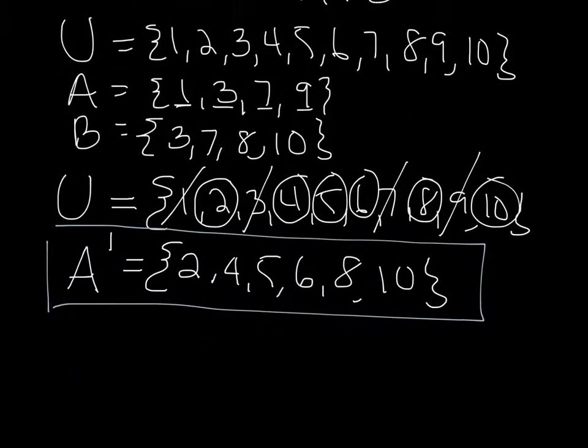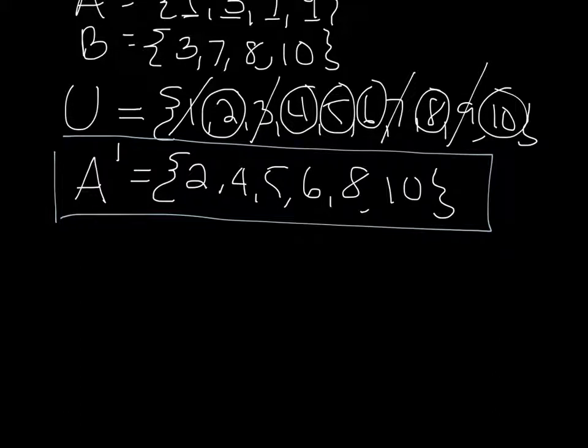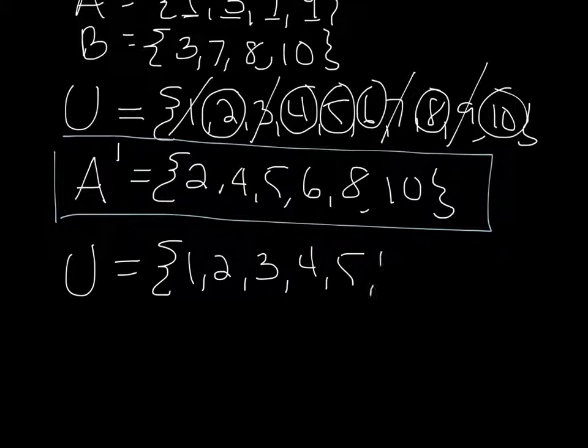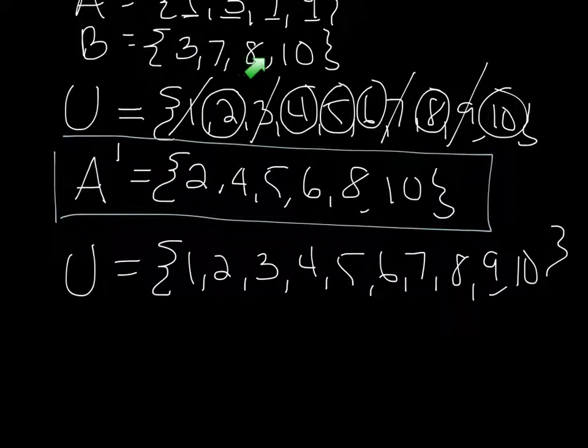So now let's do the same thing. Let's find B complement. So again, I write my universal set. And again, we look at B. So B is 3, 7, 8, and 10. So we don't want 3, 7, 8, and 10.